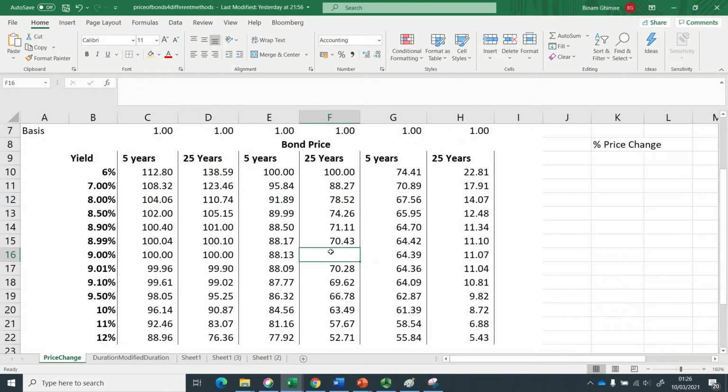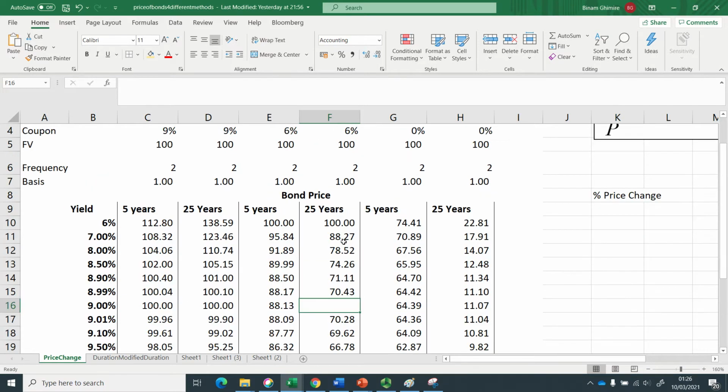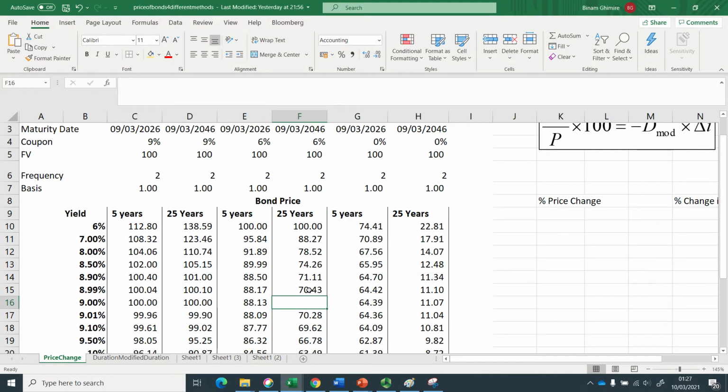That's what I need to compute, but we already learned this in my previous video. So basically I can just drag this down to get the price of the bond. When I dragged it down, I got 70.36.